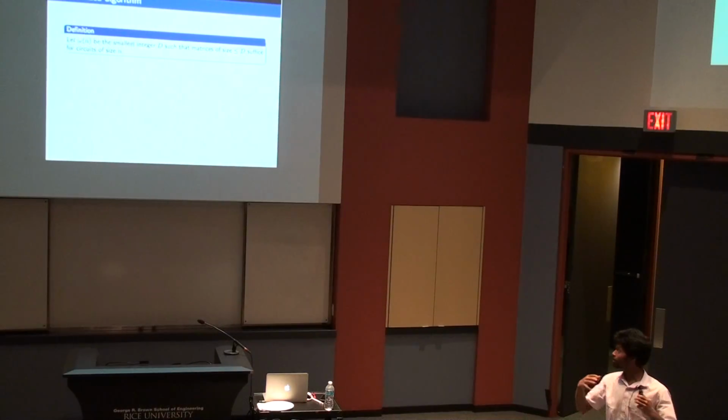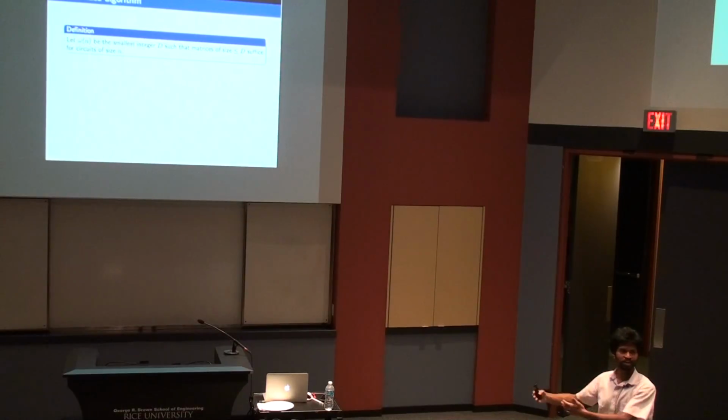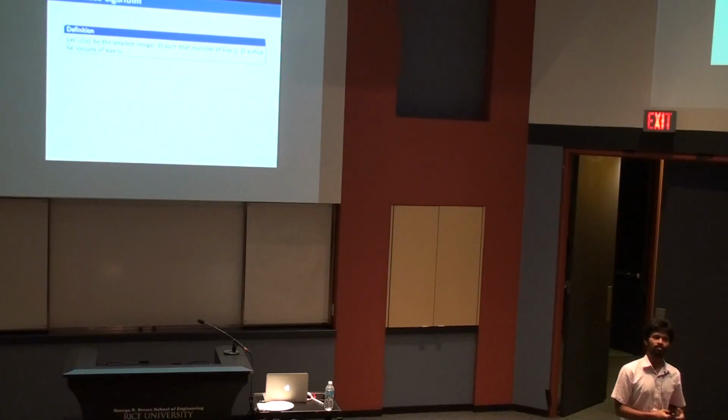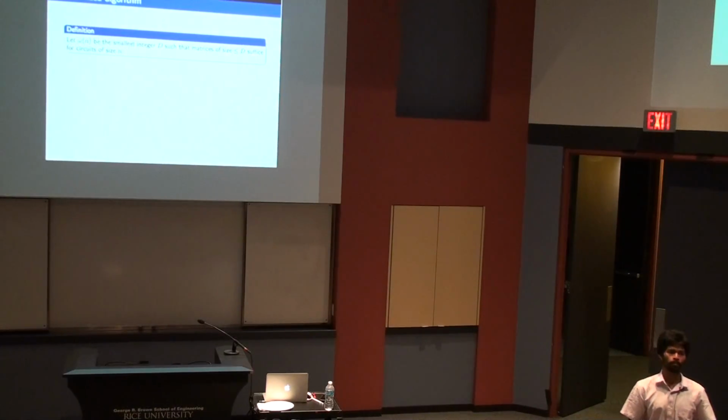So now if I know what this number is, and you give me a circuit of size n, I will try D by D matrices as a randomized algorithm. And I know that would work. But then shouldn't that be greater than D? Like matrices of size greater than D would all work. That's correct. Greater than D would all work. But I'm trying to use as small matrices as possible, right? So it's the smallest number that would work.